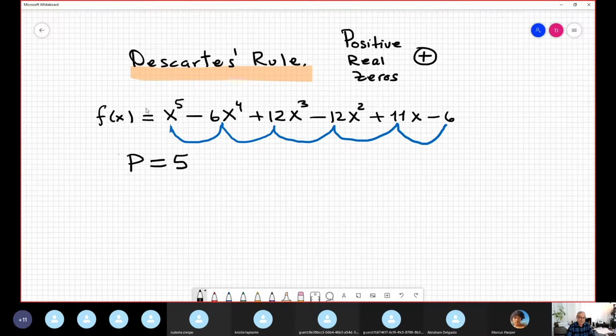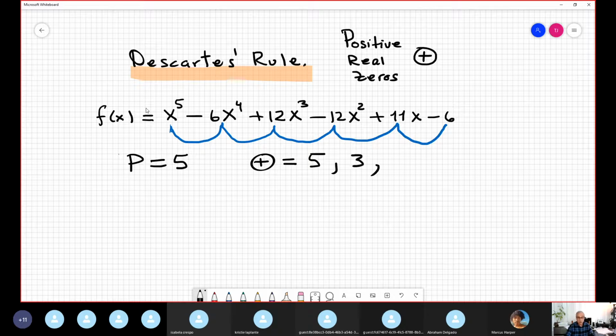Okay, entonces Descartes says the amount of real positive zeros is equal to this number, pero not always equal to this number. You decrease by an even number. So P is 5 maybe, or 3. Where do I come from with this 3? It is 5 minus 2.